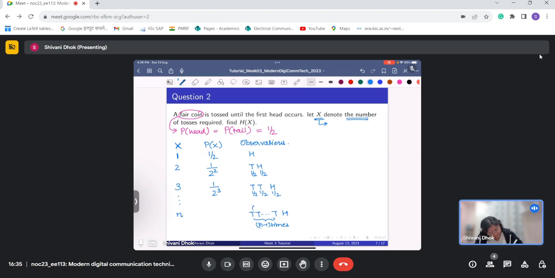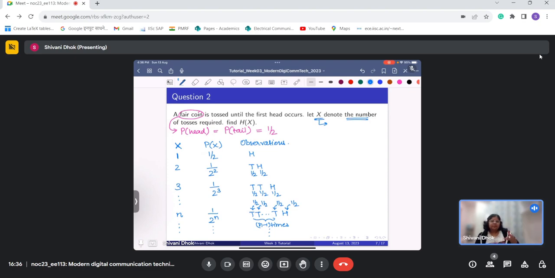Each of these tails will occur with a probability of half, and this head will occur with a probability half. So this will be 1 by 2 into 1 by 2 into 1 by 2 and so on, n times. So this will be 1 upon 2 to the power n, and this possibility will continue an infinite number of times.